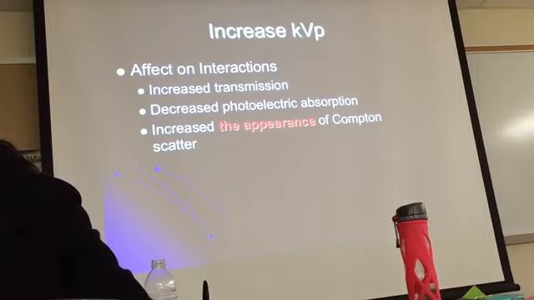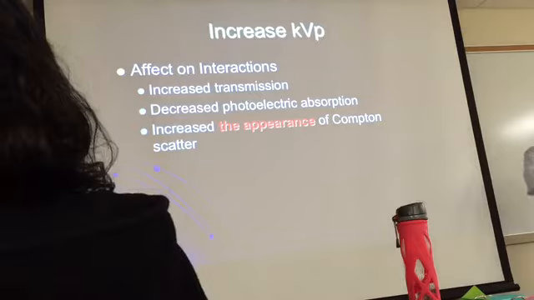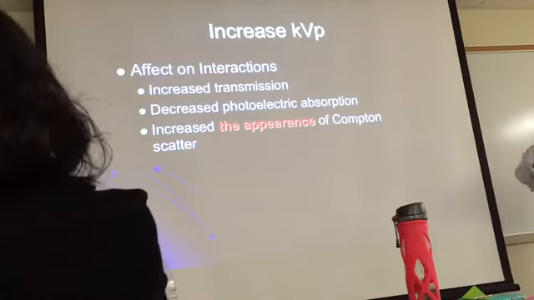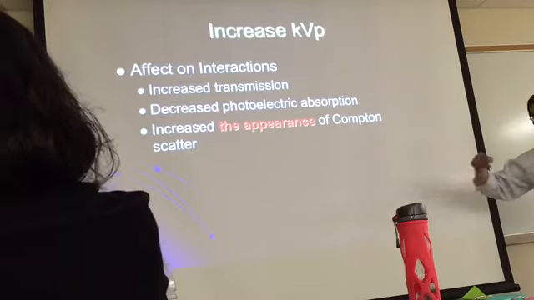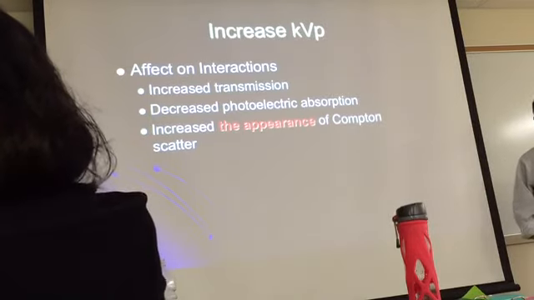So basically, when you increase the KVP, you will see more scatter on the image. That's it, but why? Because it has more energy, and so it can reach the film. With low KVP, the scatter that is created is pretty weak. It doesn't reach the film, even though you're creating more.